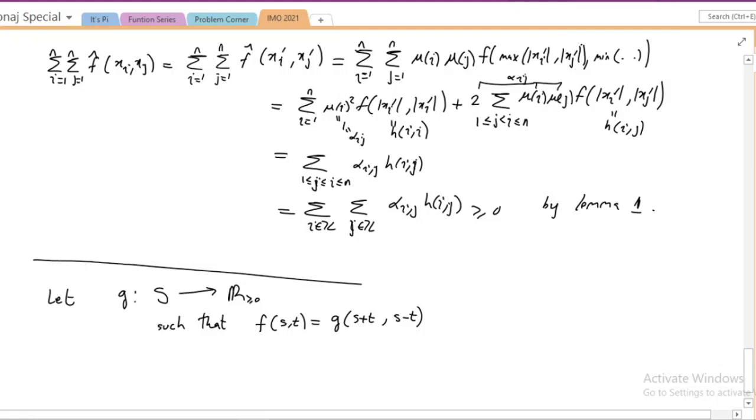So this is well defined. The reverse of this would be more straightforward. So this would be the new s, the new t. So to get the previous s, we add these two over 2 to get s, and then we subtract them over 2 to get t.